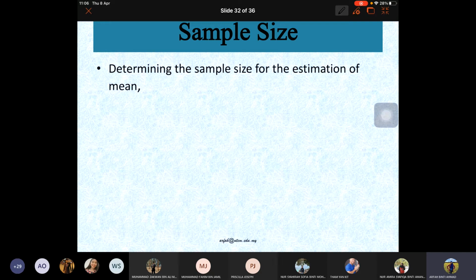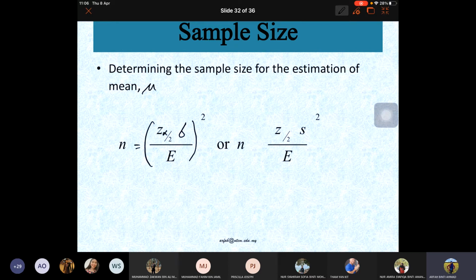Untuk anggaran mean, mu, dia punya formula untuk dapatkan the sample size akan sama dengan N equal to Z alpha over 2 sigma to the power of 2 divided by E. E itu adalah dia punya error term, atau N sama dengan Z alpha over 2 multiply with S standard deviation sample divided by the error term and taking the power of 2.